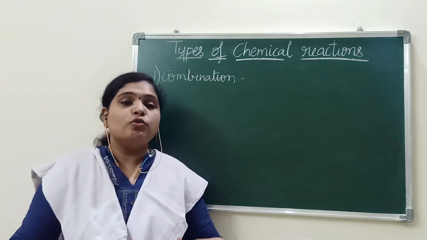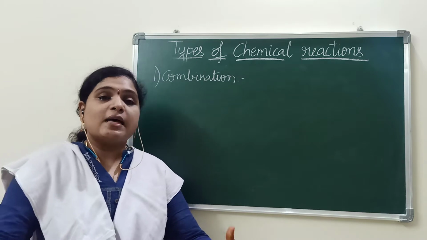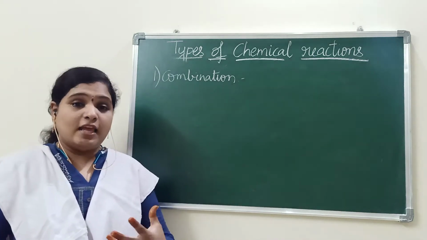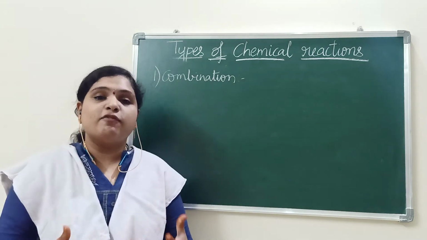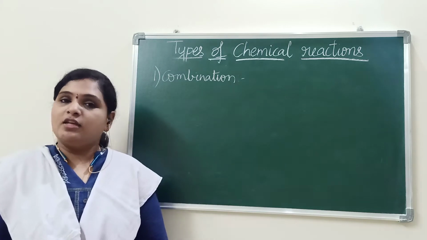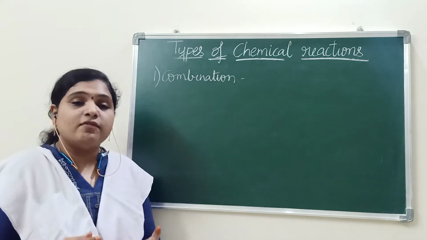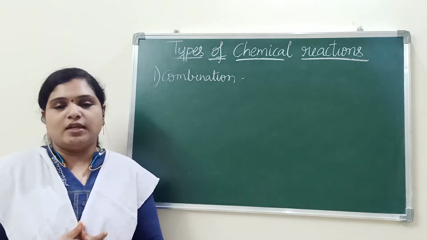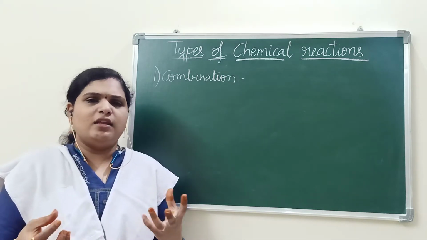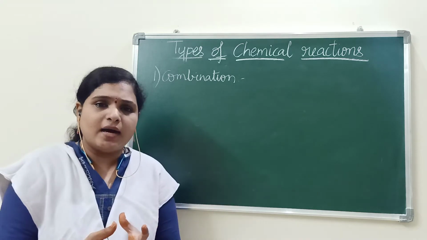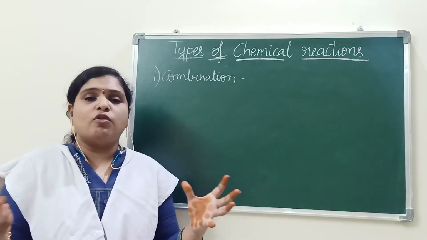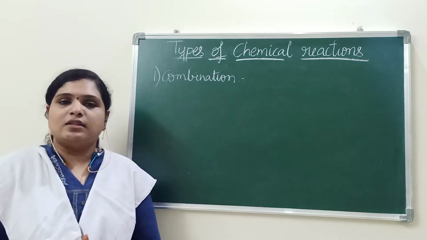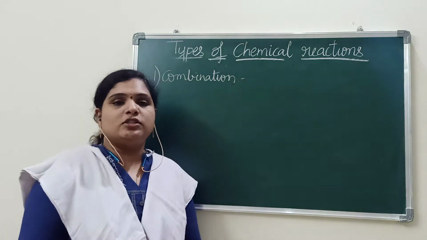So, how can you define it? If you know some of the reactions, then you are able to define a combination reaction. So, first of all, I will give you the examples of combination reactions. The name itself is very easy, right? Combining to form some new product. That is nothing but a combination reaction.